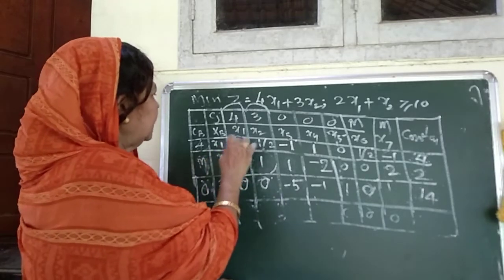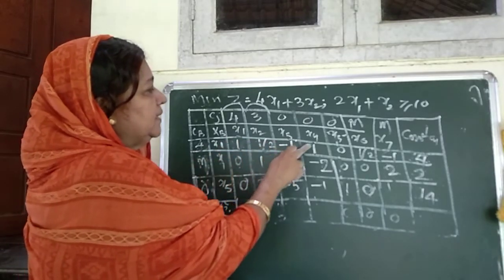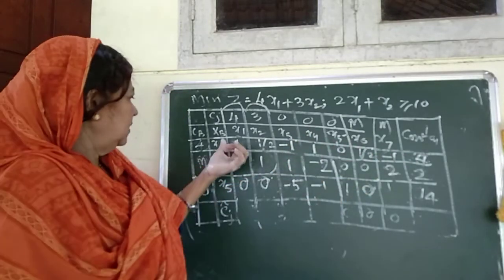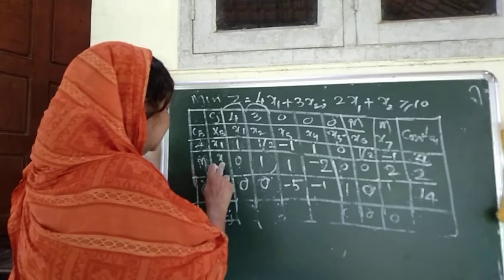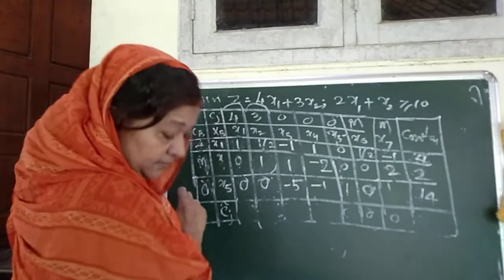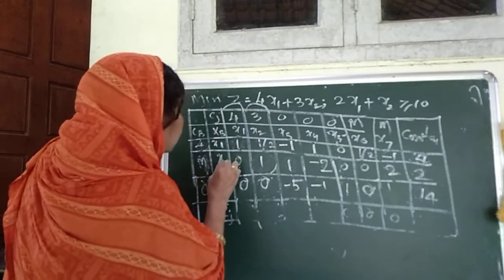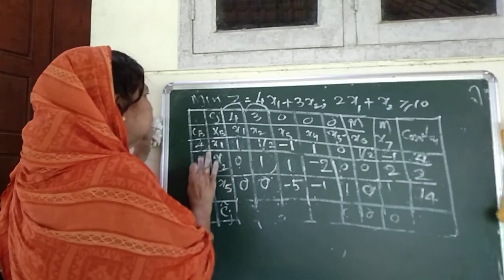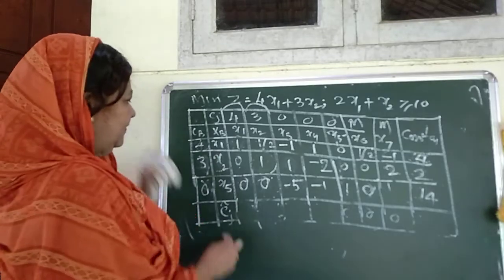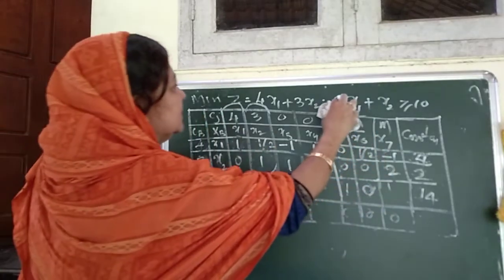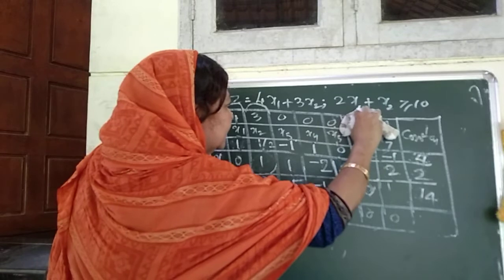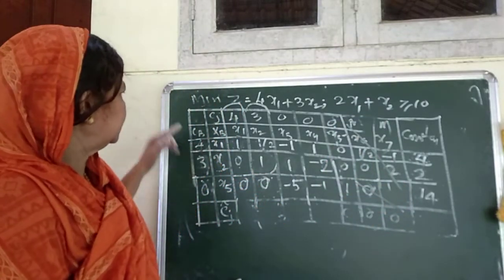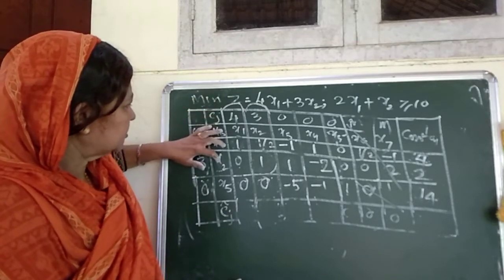So the solutions are x1 equal to 1, 1 by 2 minus 1, 1, 0, 1 by 2, etc. Then since x7 is removed, we replace x2. x2's coefficient is 3. Okay. So there is no need for this x5 and x7. So we can delete these two. And the final solution is xb is x1, x2, x5.